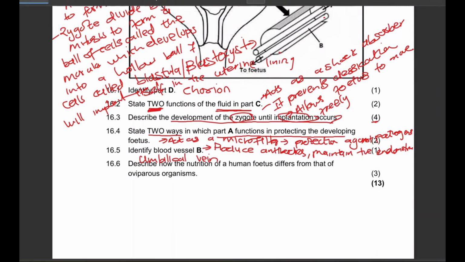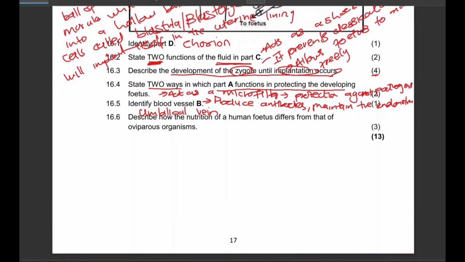Okay, then last question. We need to describe, 3 marks. Describe how the nutrition of a human fetus differs from that of an oviparous organism. So we need to describe how the nutrition differs, one of a human fetus compared to an oviparous organism.